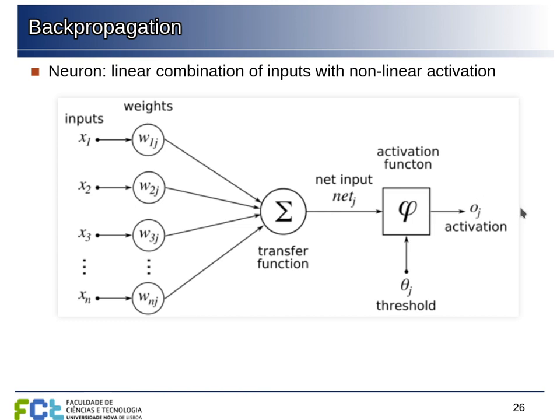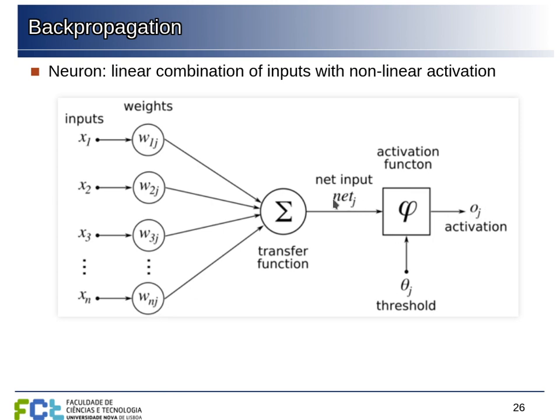We know what this value should be because we are training it with data that already has the desired labels. But now what we need to do is propagate that information of the error between the output and the desired value all the way through the activation function, this sum, and all the way to each of the weights that we have here.